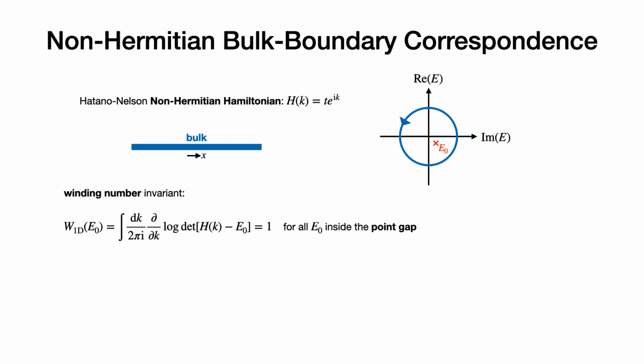Is it because the energy eigenvalues are imaginary and therefore...? Then you have a line gap. That's exactly the line gap phase. Splitting them into two clouds is what happens for a Hermitian topological insulator when you add tiny non-Hermitian terms.